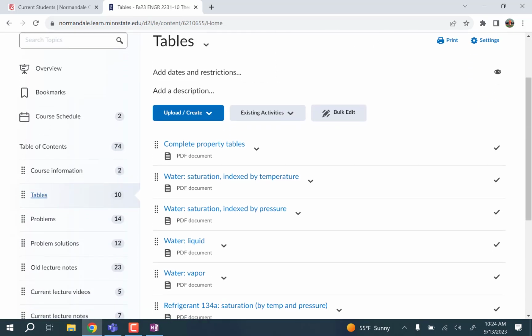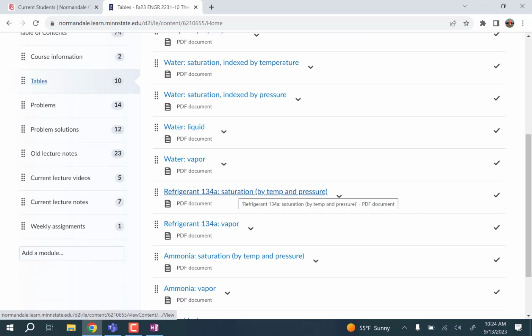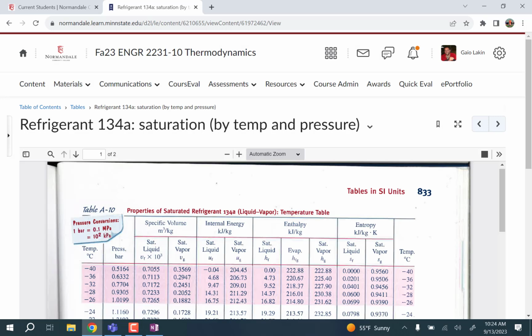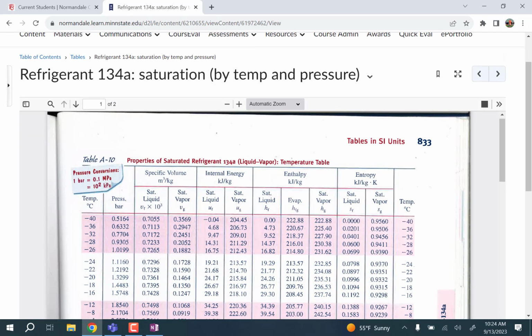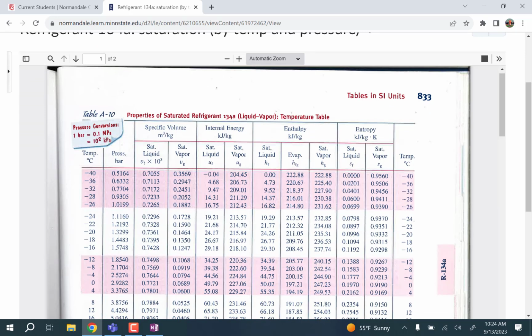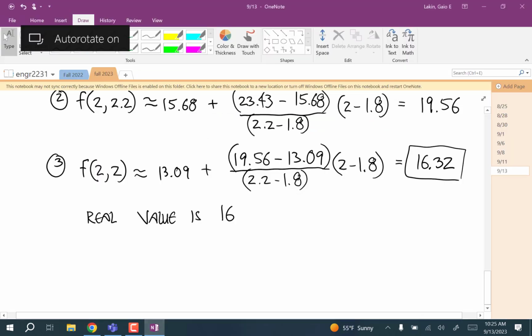Okay, so let's look at the table for refrigerant 134A, and let's figure out the specific internal energy for a saturated liquid at negative 9 degrees Celsius.